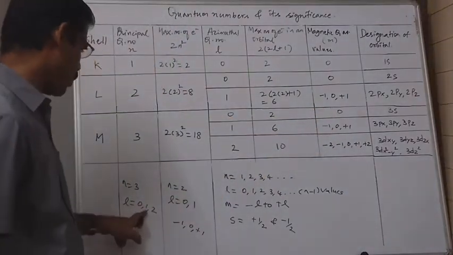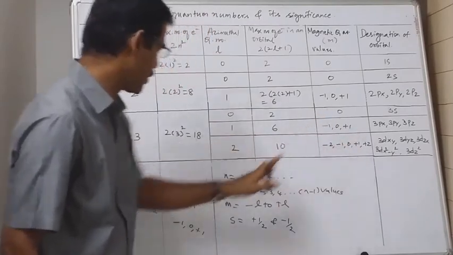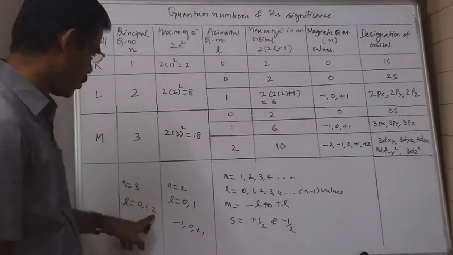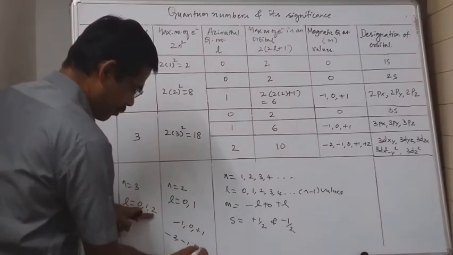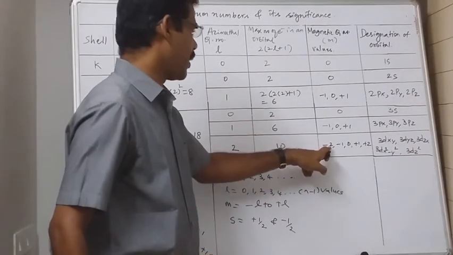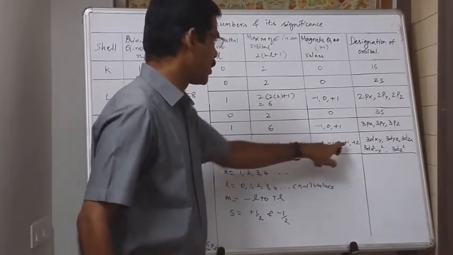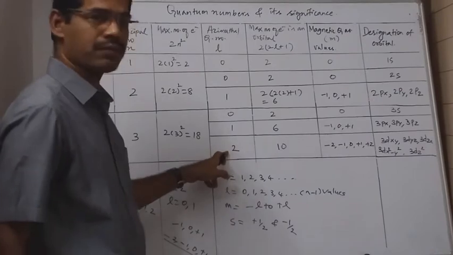If L is equal to 1, we have 3 values for m, minus 1, 0, plus 1, which we have discussed already. Suppose L is equal to 2, then m is minus 2, minus 1, 0, plus 1 and plus 2. So totally there are 5 values for m when L is equal to 2.